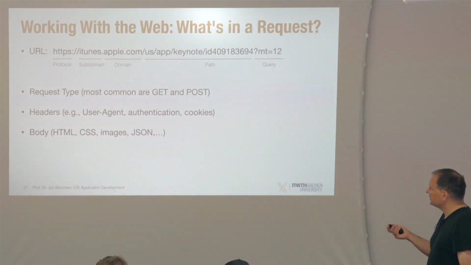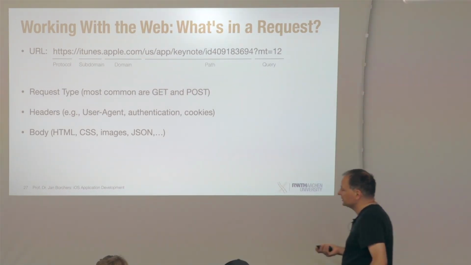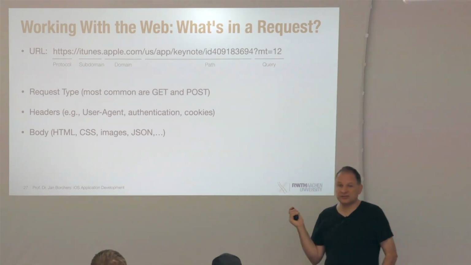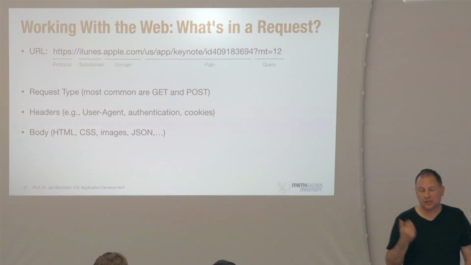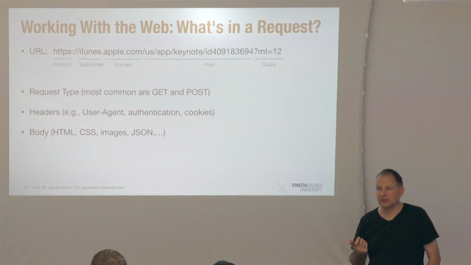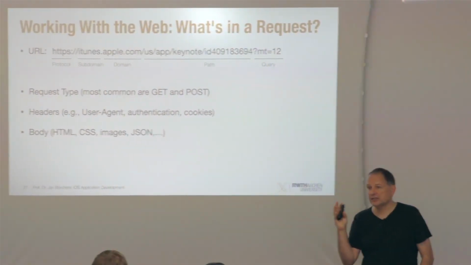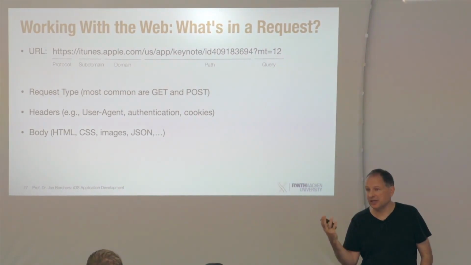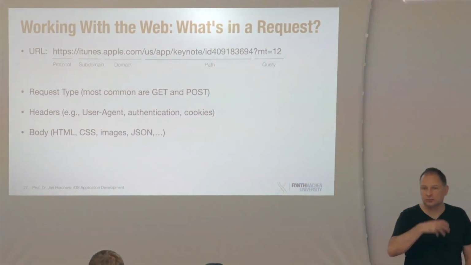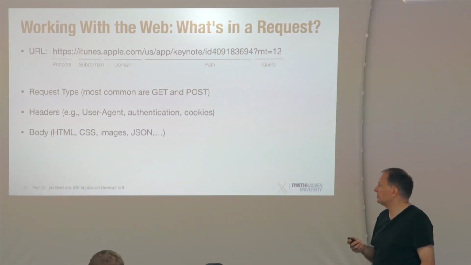The next thing that's also in a request is headers. These you don't usually see as an end user because they're not necessary for the interaction, but they are also part of the request. One example is the user agent. The user agent very specifically specifies what kind of browser or client made that request. Was it Mozilla in this version X or whatever.